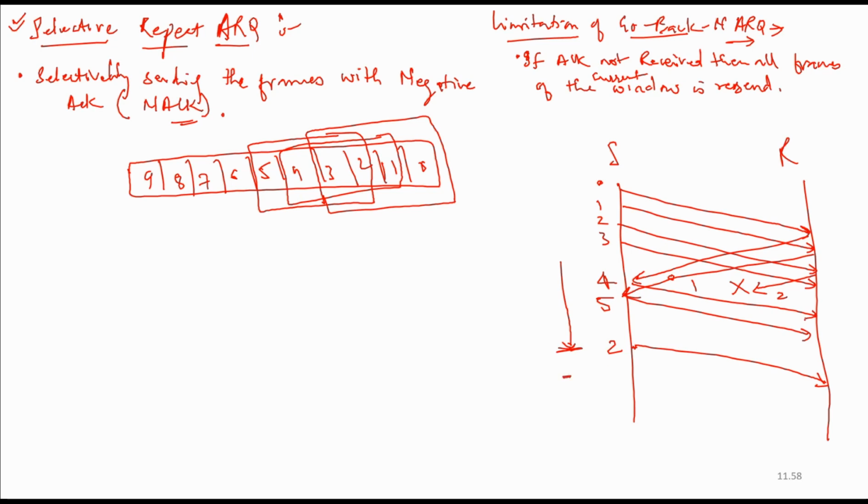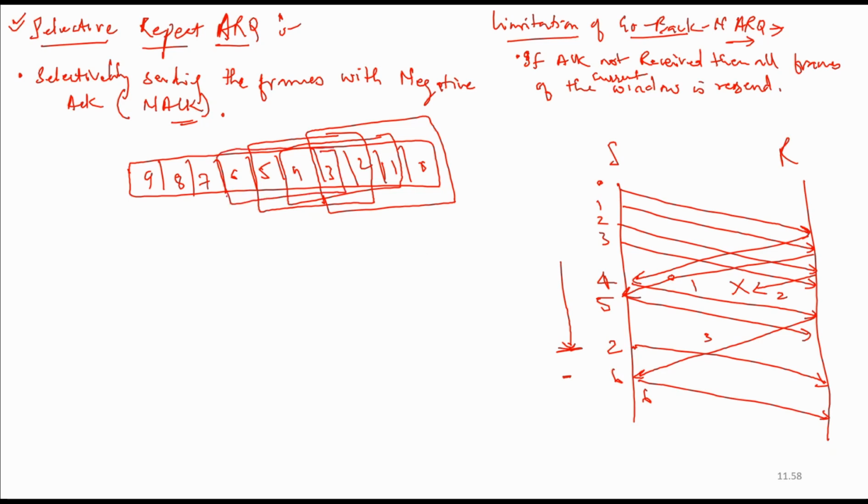Suppose up to here the acknowledgement for frame number 3 or 4 is received, then it will send 6, and the window will move like this.